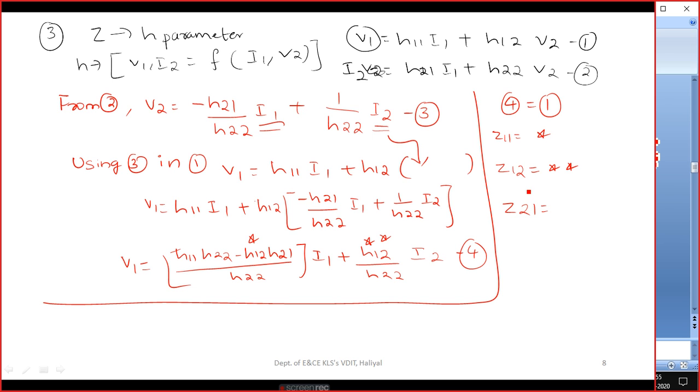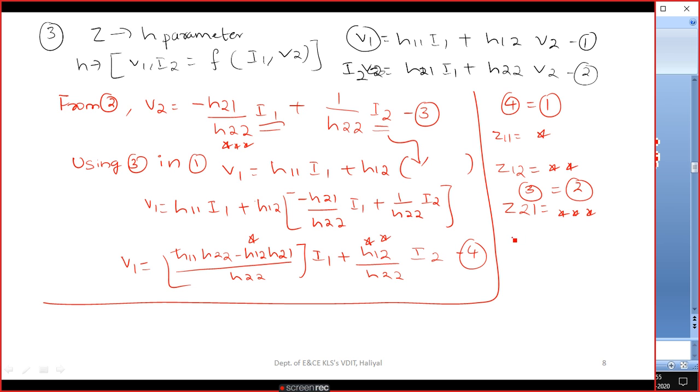If you compare 3 with 2, Z21 is this. Let me put three stars. Z21 will be minus H21 divided by H22.